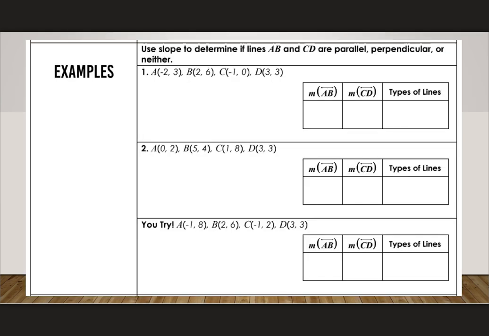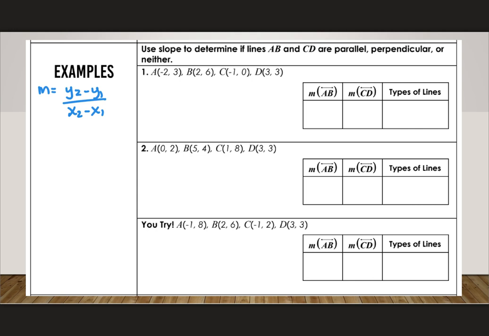All right, so really when you're going to need to do this is when you're given points. So we're going to find the slope of the line AB and then the slope of the line CD and see what kind of lines we have. So remember that the slope formula is y2 minus y1 over x2 minus x1. And this is one of those formulas you'll always be given.